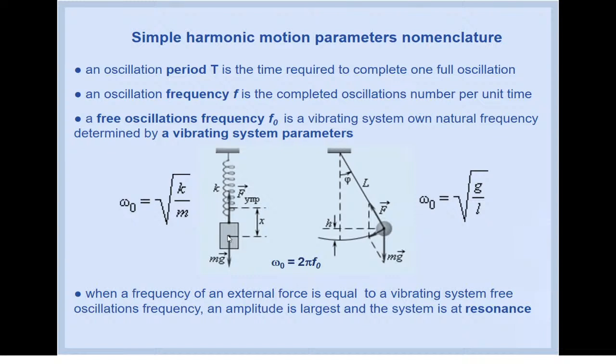And for the simple pendulum, the circular frequency is determined by the length of the massless rod and by the gravitational constant at the place where these system oscillations are investigated.